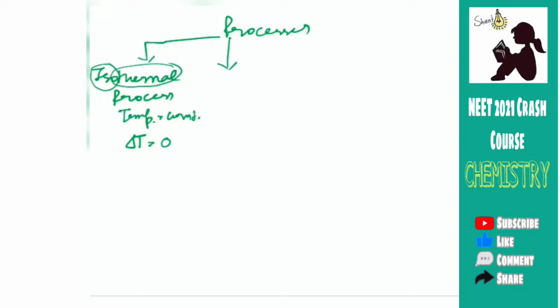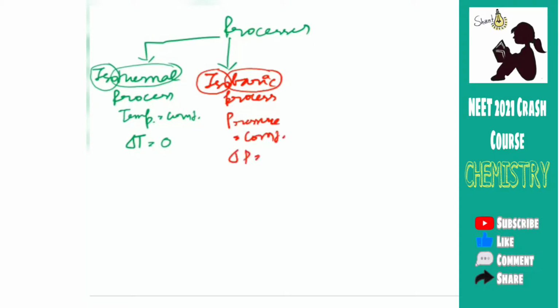Next is our isobaric process. Bar means pressure and iso means same. That means pressure will be constant here. So change in pressure, that is del P, equal to 0.